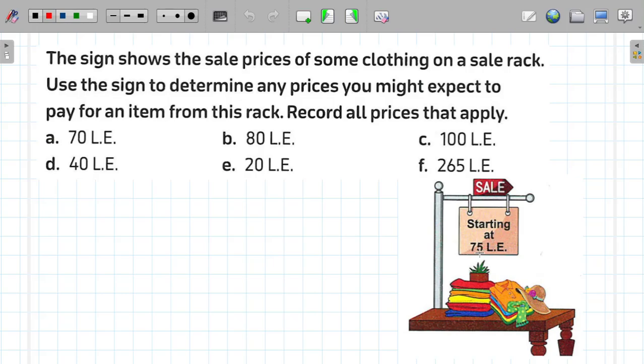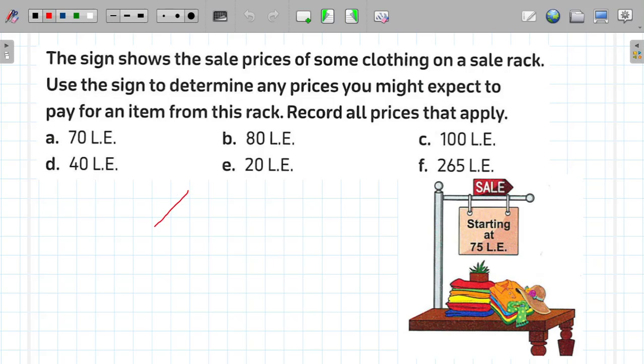So 75 is with us. So I want all prices that are more than or equal 75. So I can express that situation in an inequality like this.